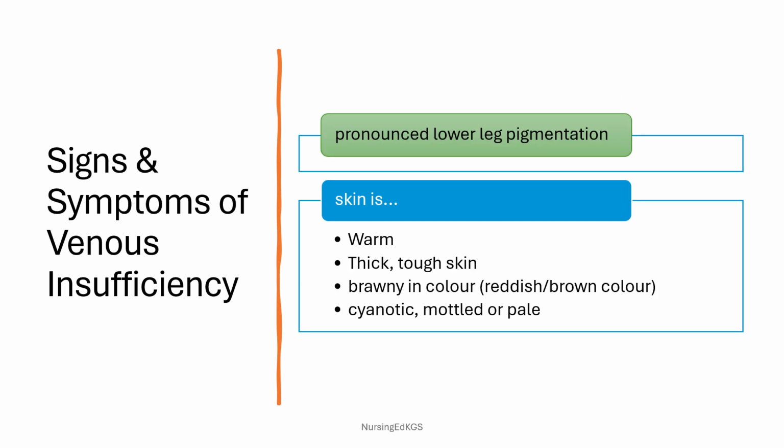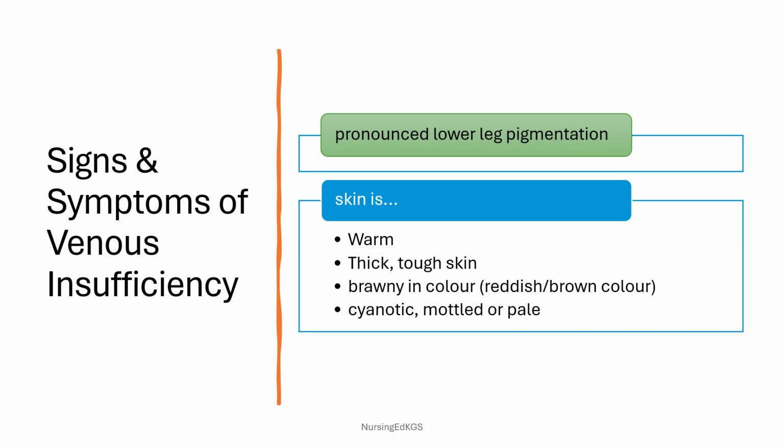Discoloration in venous insufficiency is primarily due to the effects of increased venous pressure and the resulting chronic changes in the skin and underlying tissues. And here's why. Prolonged increased pressure in the veins leads to the breakdown or leakage of blood components into surrounding tissues.